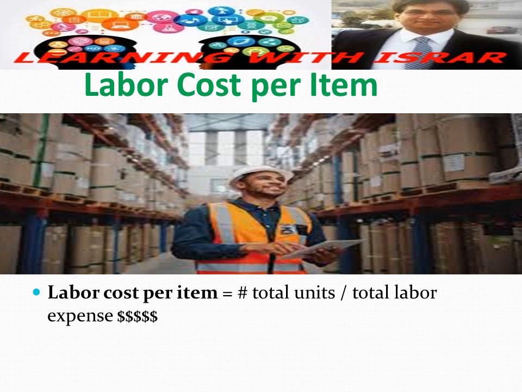This metric includes workers' wages or any additional cost of moving a product through production to sell. We calculate this as the total labor cost divided by the total number of units to reach the labor cost per unit.